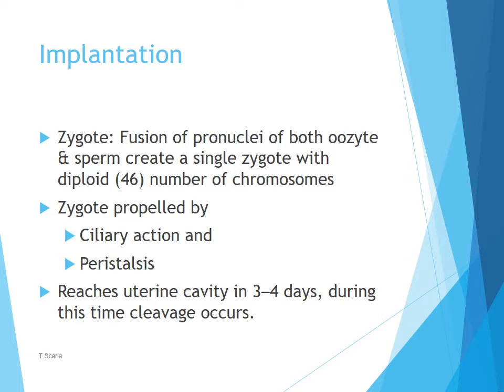And now the single zygote has 46 chromosomes. The zygote is propelled by ciliary action and peristalsis, and it reaches the uterine cavity in 3 to 4 days. During this time, cleavage occurs.